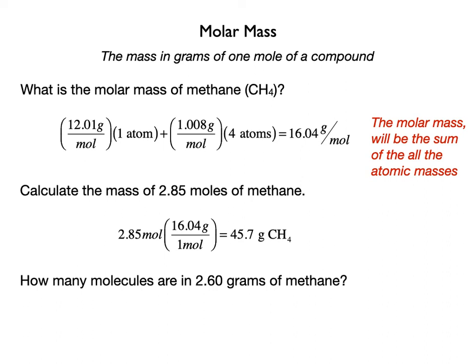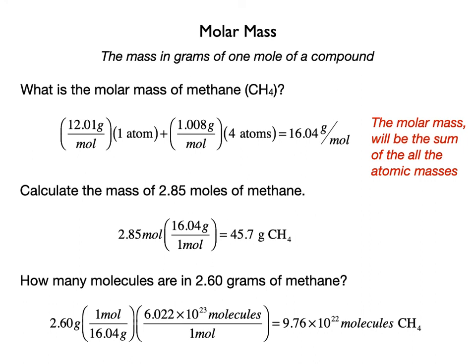In another problem, we can look at and say how many molecules are in 2.6 grams of methane. Now this one's a little trickier, right? Because it's two steps. We can't go directly from grams to molecules. Instead, we have to go from grams to moles, and then from moles to molecules. So we'll start with the 2.6 grams we were given. We're going to use our molar mass as our conversion factor and divide by 16.04 grams per mole.